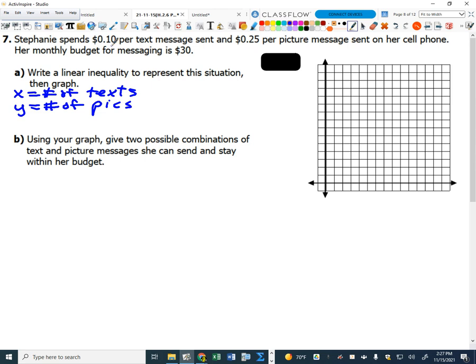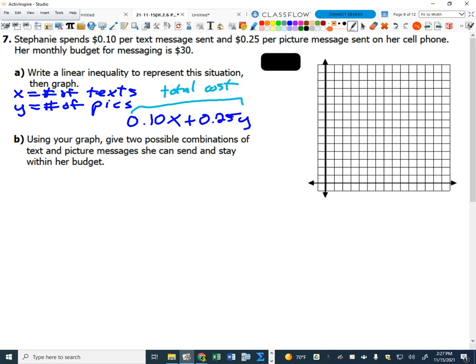Good. So we know it costs 10 cents per text, so the total cost for all the texts would just be 0.10x. It's 25 cents per picture, so 0.25y, because y is the number of pictures. This represents total cost.